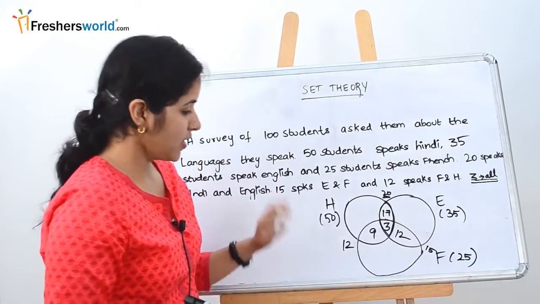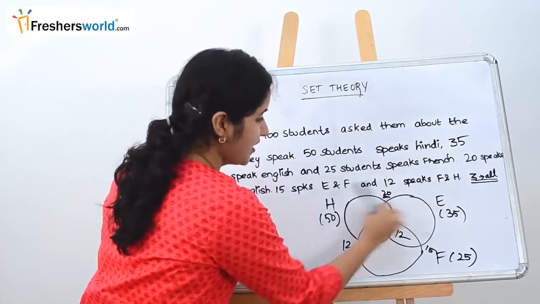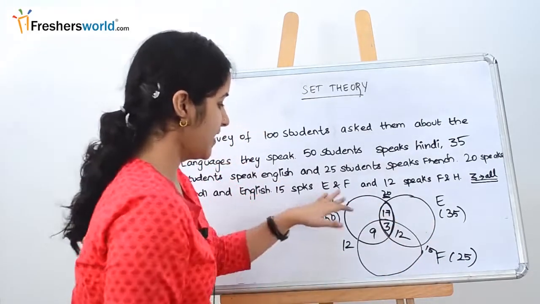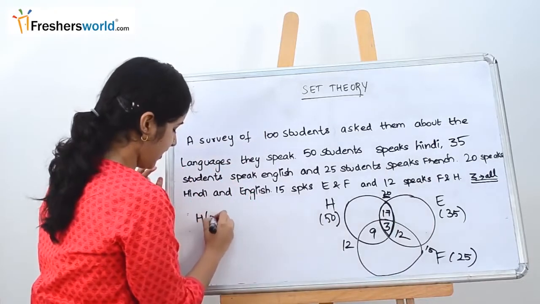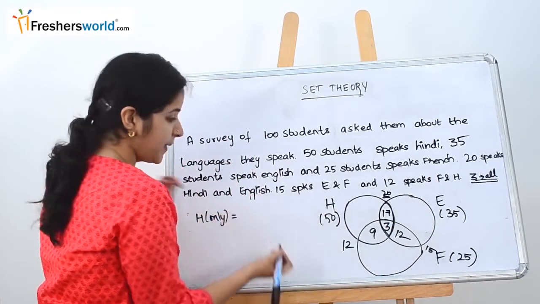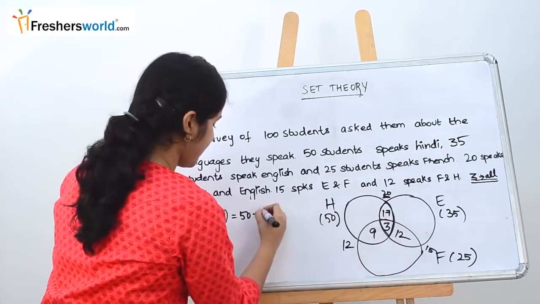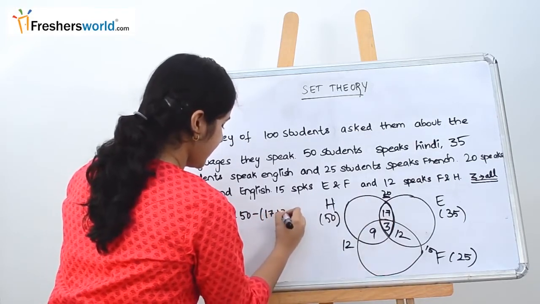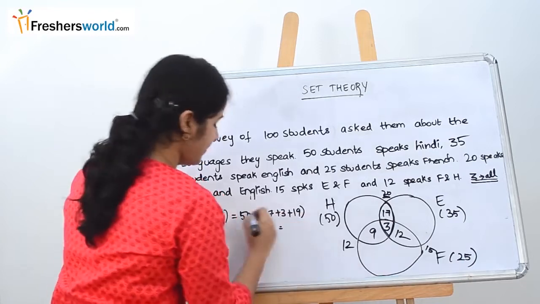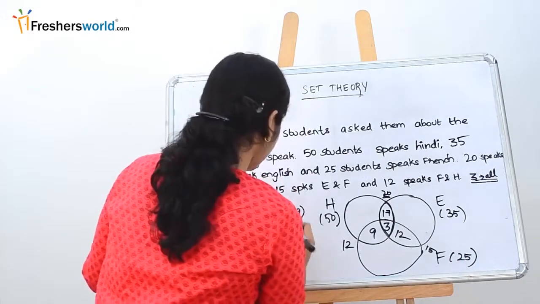Let's get started with Hindi only. We know overall people who speak Hindi is 50, minus all the intersection parts: 17 plus 3 plus 9, which is 50 minus 29, which is 21.